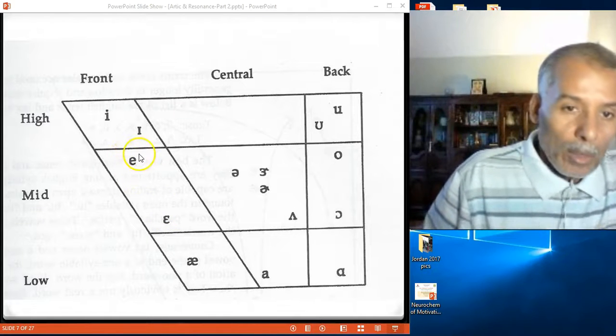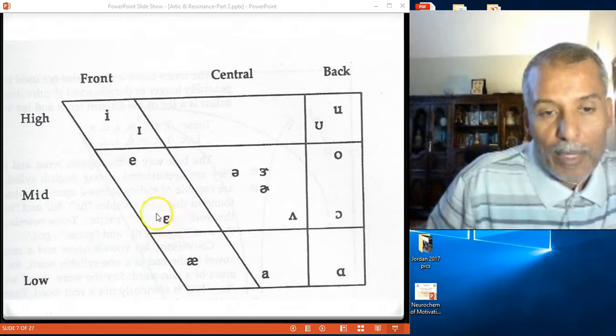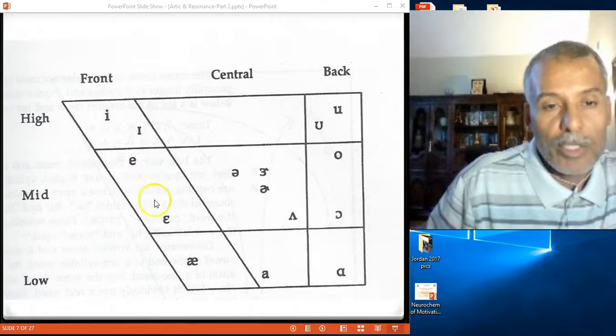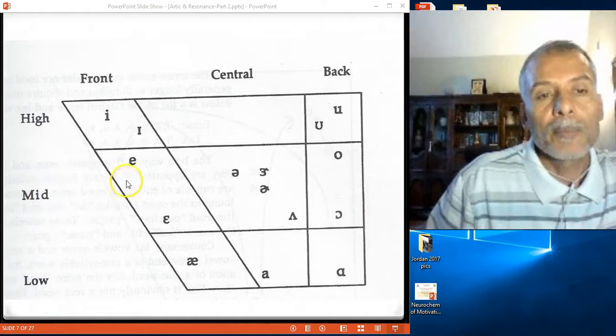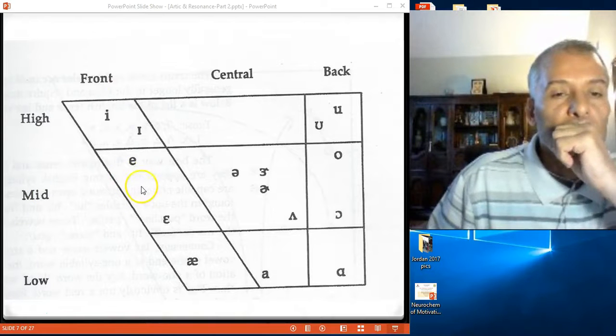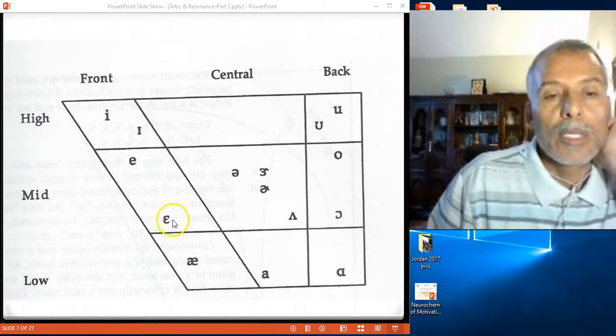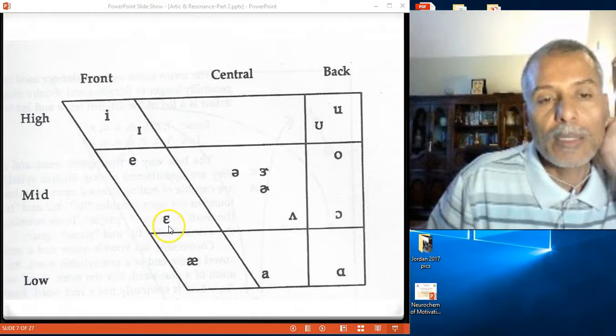So then the epsilon is a little bit lower in this range, but we still describe it as a mid front vowel, and it is lax and it is not rounded.